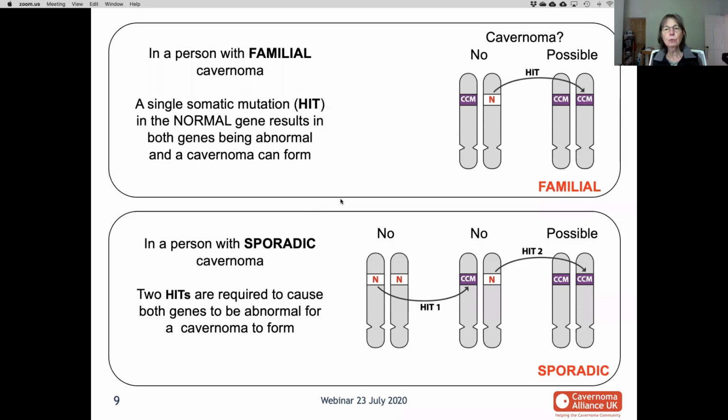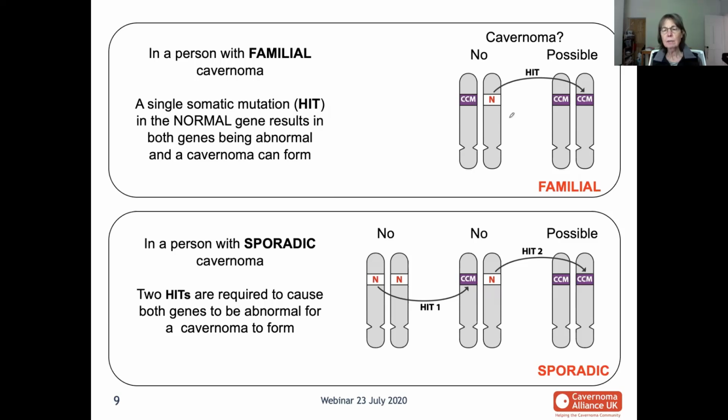One is an aspect that is about an inherited abnormality, which happens with familial cavernoma, but that's not enough. There's also a second thing that you need, both in the inherited familial form of cavernoma and in the sporadic form, where there's no inherited aspect whatsoever.